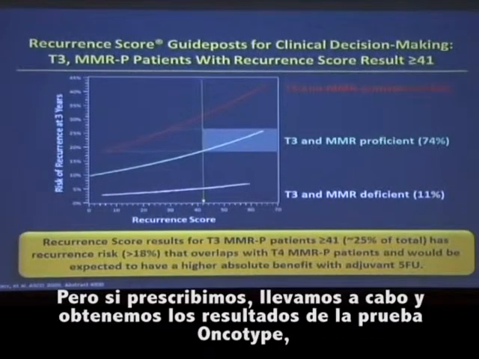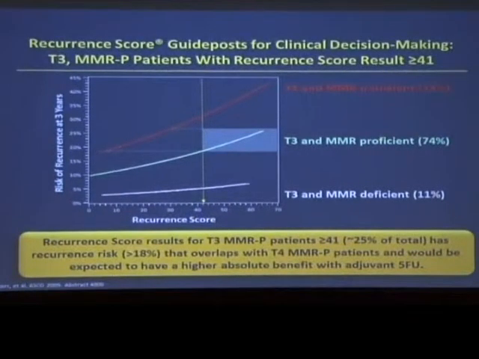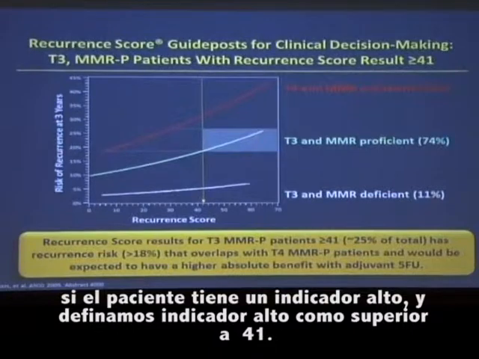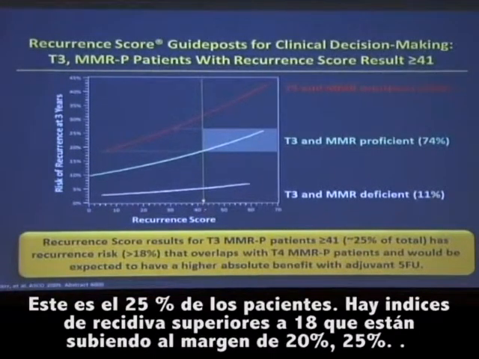But if we order and conduct and get the result from the Oncotype test, if the patient has a high score, and by high score we're defining it as greater than 41, okay, this is 25% of the patients, their recurrence score is greater than 18, getting up into the 20% range, 25%, okay?